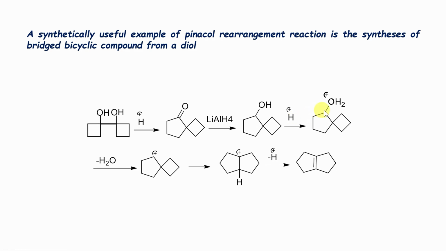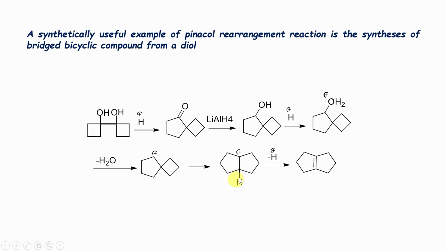And upon treatment with an acid, this protonated alcohol is formed, which then eliminates a molecule of water to form this carbocation. Ring expansion takes place by the migration of these methylene groups from here to this carbocation. Thereby this tertiary carbocation is formed. It is a primary carbocation, while when this methylene group migrates from here to this carbocation, we will get a more stable tertiary carbocation, formed from this primary carbocation.